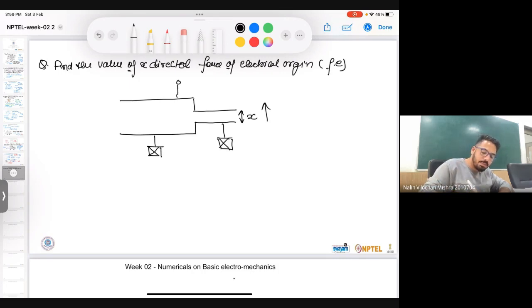So the upper plate is movable. This is also x, and this is g by 2, this distance, and this distance is also g by 2.